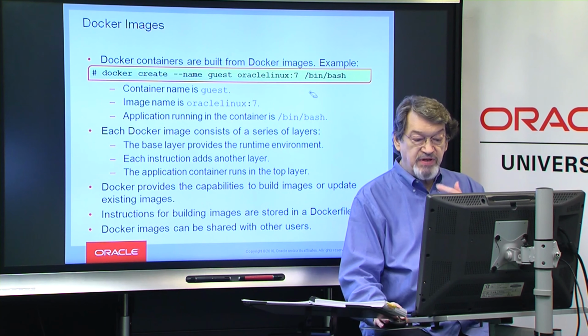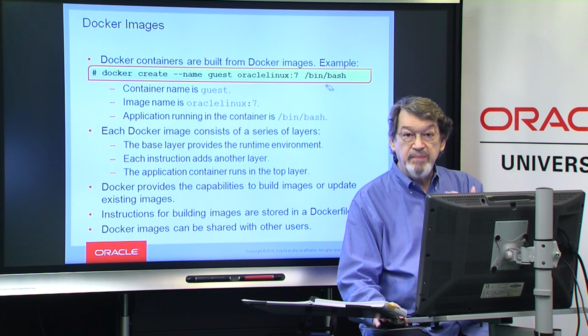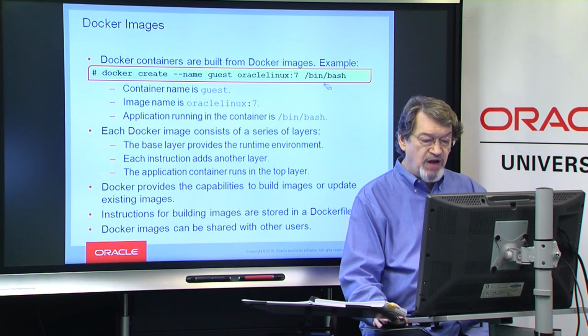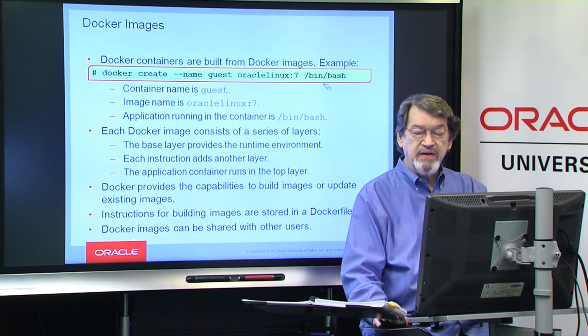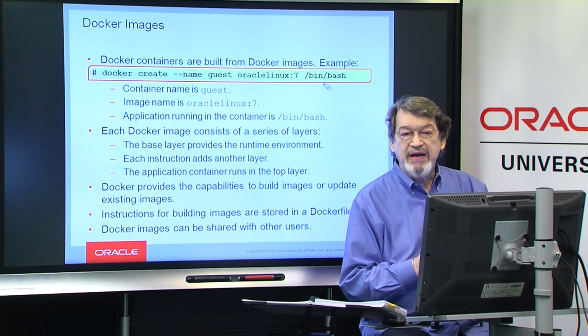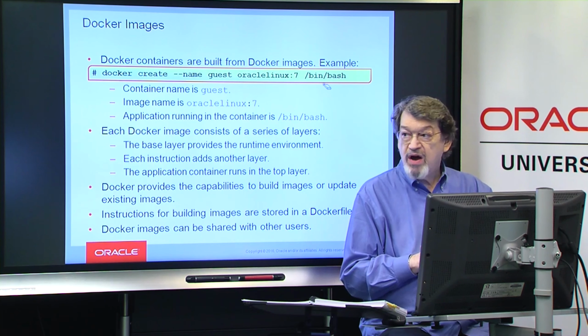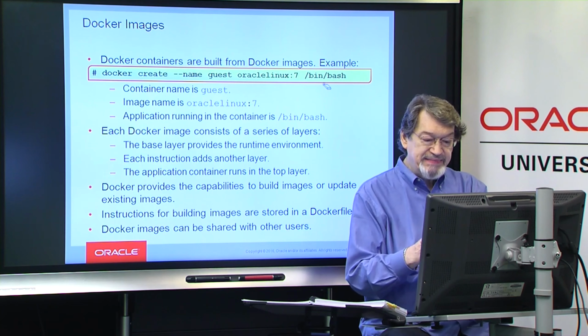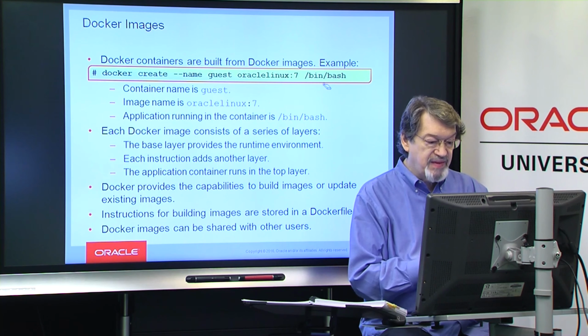And that guest is going to launch bin bash. Not that dissimilar from a VM, okay? And so if you were in somebody's virtual machine environment, like ours here with OVS, when you sign on, you get bin bash.